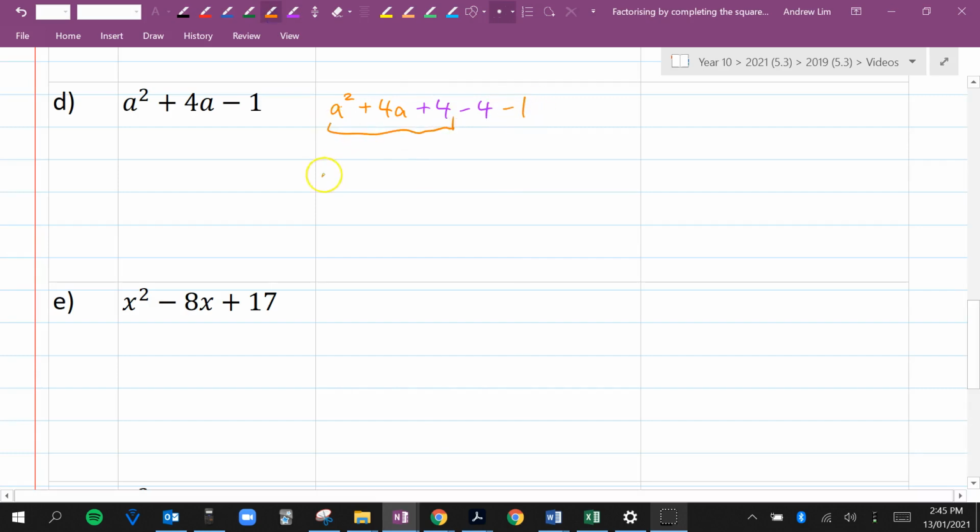This bit here is a plus 2 squared. This bit here is minus 5. So yep, we can factorize this. It factorizes to a plus 2, put my plus sign, put my minus sign, square root of 5.